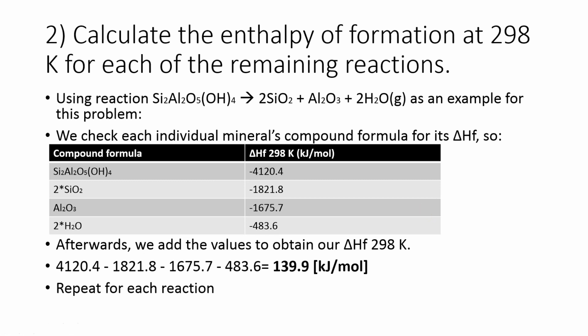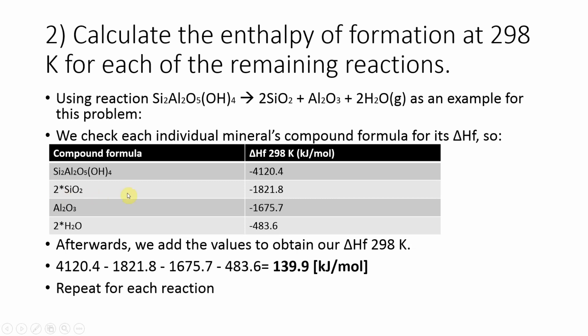The second question is to calculate the enthalpy of formation at 298 Kelvin for each of the remaining reactions. We're going to use the first reaction as an example. We just need to check each individual mineral compound formula. For example, for the reaction itself, the coefficient is 1.